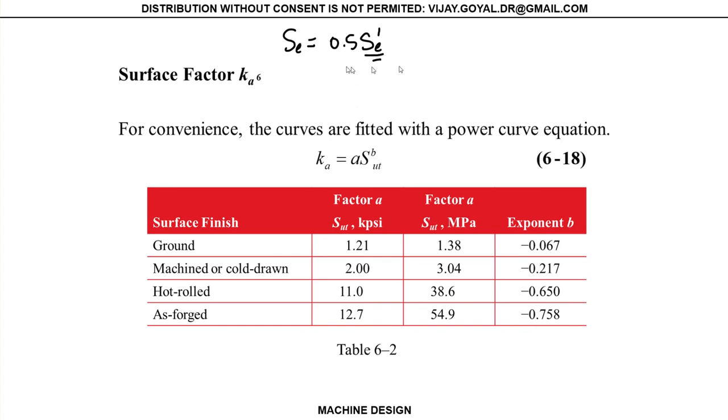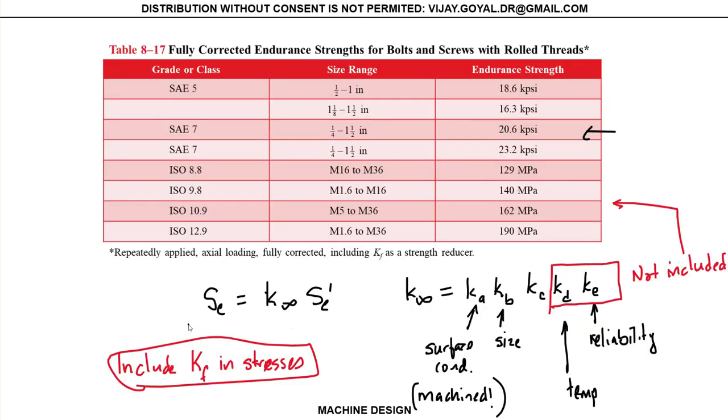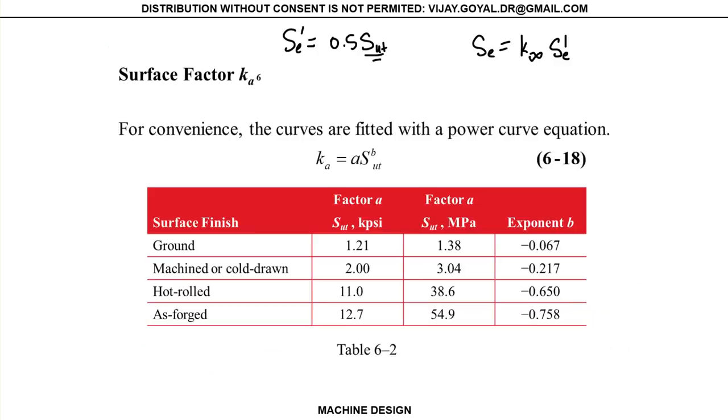I'm so sorry, you need to check the value that goes there. I think it's this. But then what you will do is multiply K infinite times SE prime. And one thing I want to point out here is that I include KF in the stresses. I do not include it here. So we will stick with that methodology as we have been doing throughout the course.